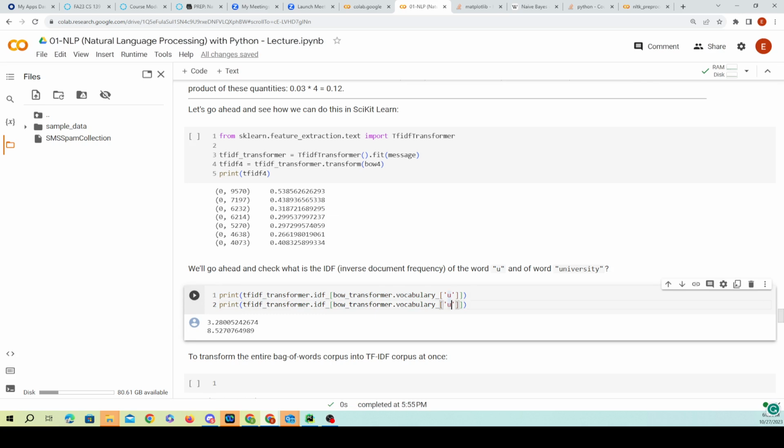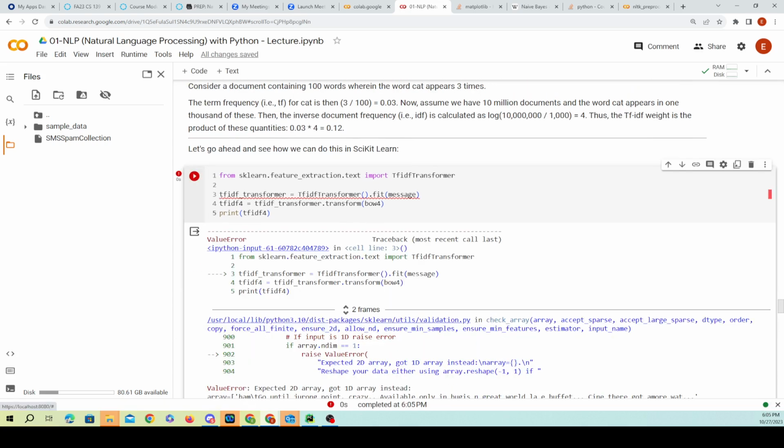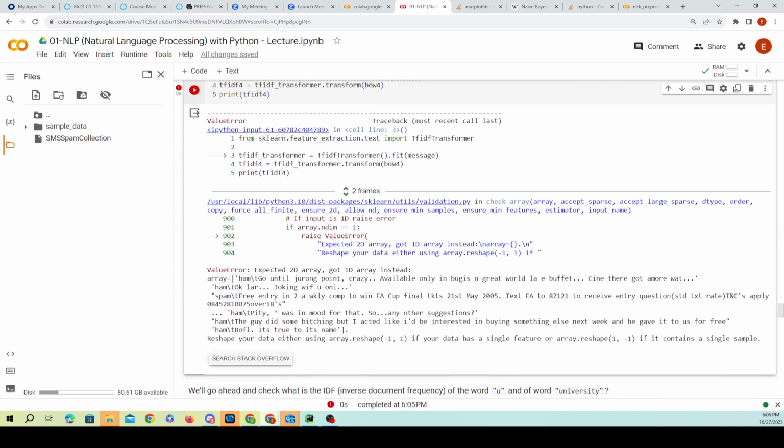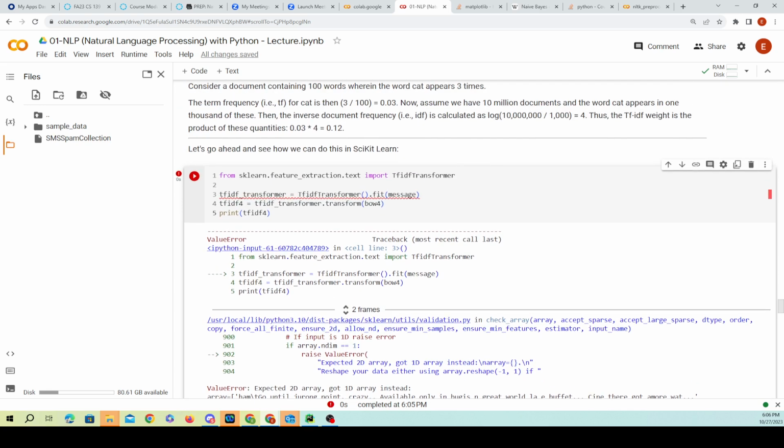And let's do the same thing with the word university. Oops, I forgot to run the code right there. Let me see what's wrong with this.